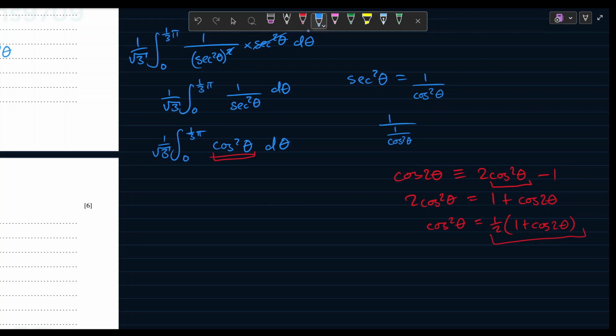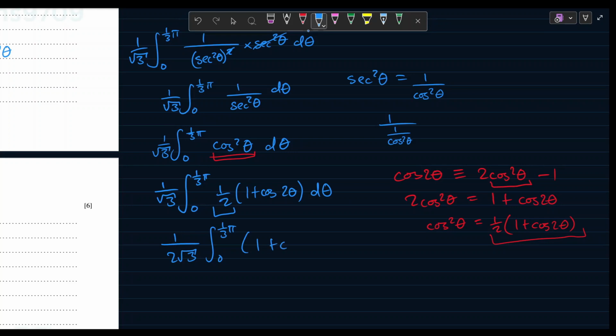So what we now have is 1 over root 3, the integral from 0 to a third pi of half times 1 plus cos 2 theta d theta. And I'm just going to take this half outside the integral sign, so it becomes 1 over 2 times root 3, so 1 over 2 root 3. And we're integrating from 0 to a third pi, and it's 1 plus cos 2 theta.